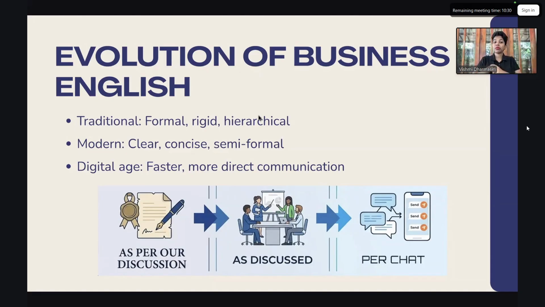But when it came to the modern age of evolution, English became clear, concise, and semi formal. For example, I have put an example in the slide below. "As per our discussion" was how they wrote it back in the days, and then it became "as discussed" in the modern age. And the final age is the digital age, which we are in right now, with faster and more direct communication.